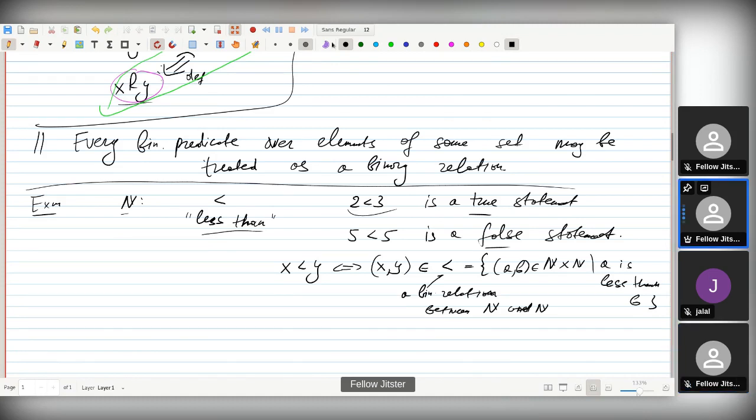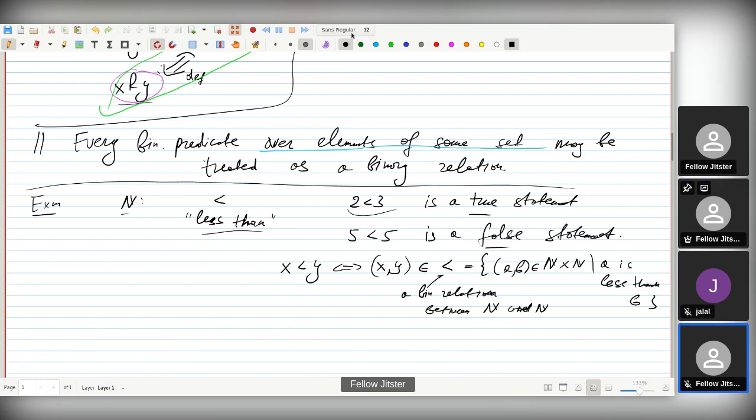Yes. You can seamlessly identify binary predicates with binary relations. The only necessary precondition to do so is that your predicate is over elements of some identifiable set. Say here we have the set of all natural numbers. Is it clear? Yes.